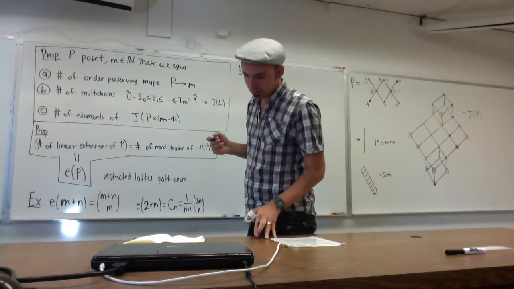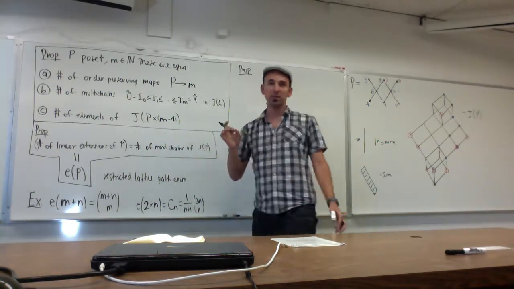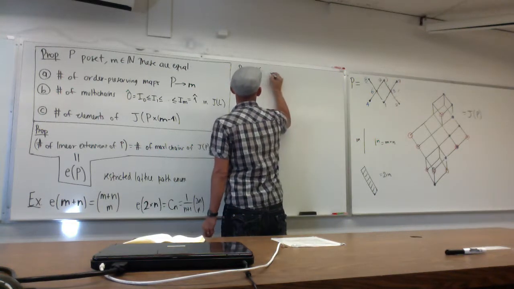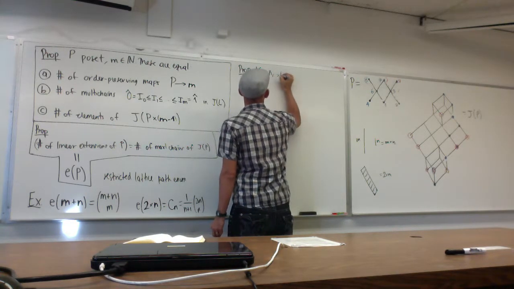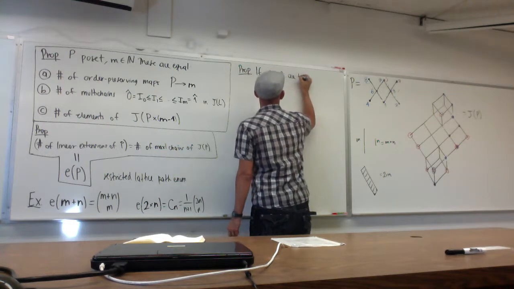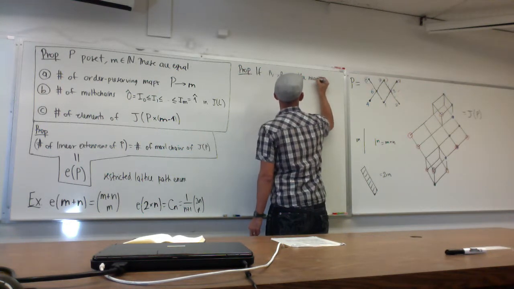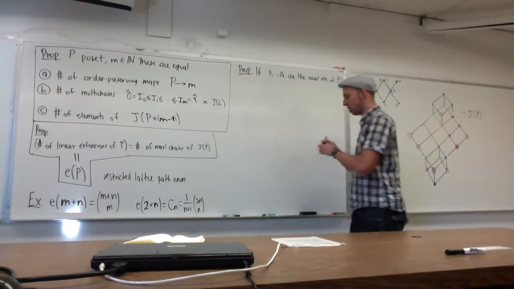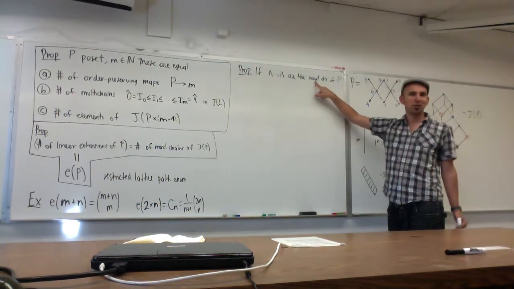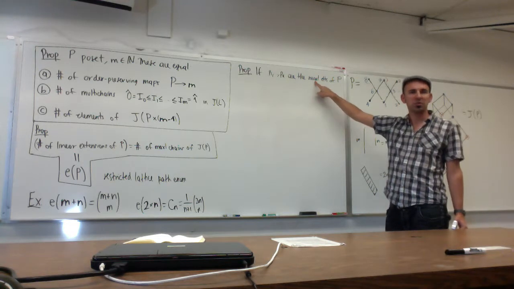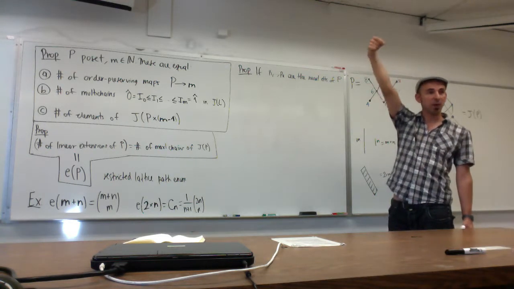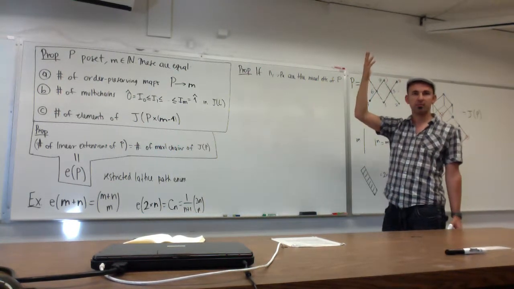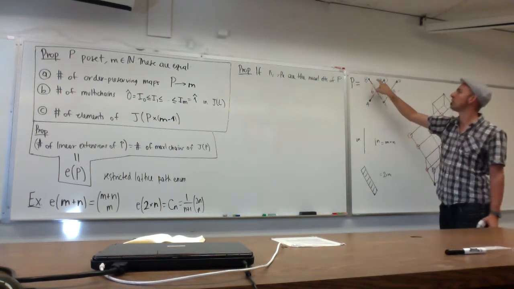Proposition. Let's say that you have a poset P, and look at all the maximal elements of your poset. So if P1 up to Pk are the maximal elements of P. Okay. And it doesn't hurt to remind you that here maximal is different from maximum. Right? So maximum is if you had a single top element. Maximal means that there's nobody above them. So maximal in this case are these three elements.